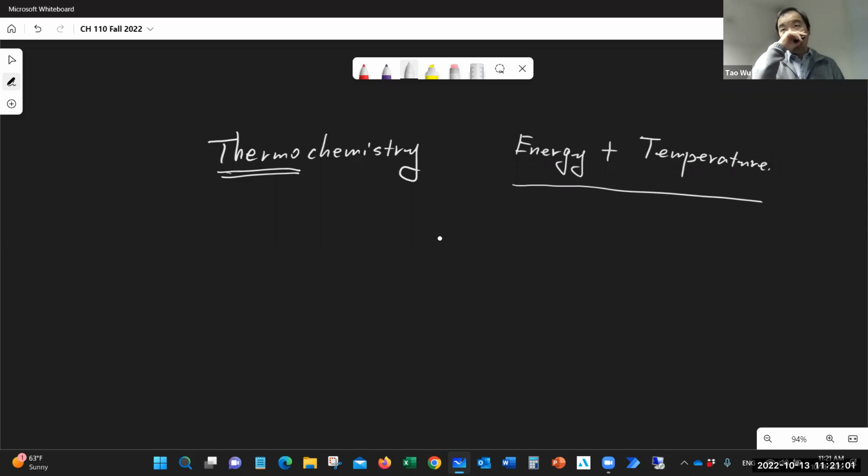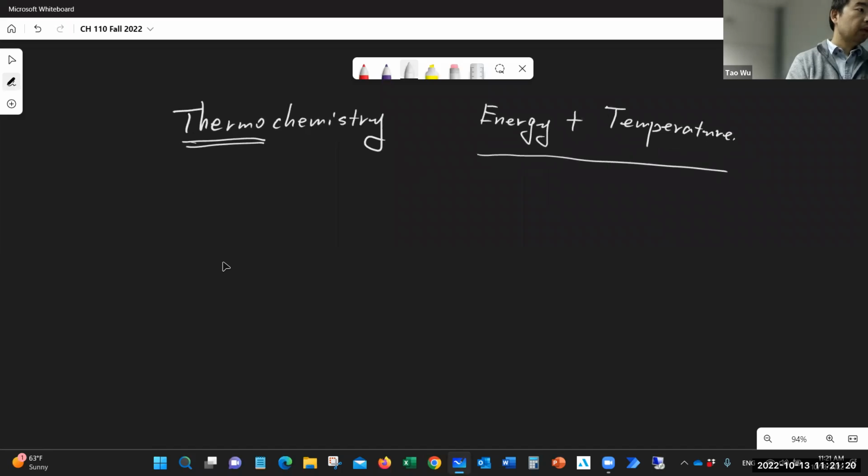Before we talk about the real application, we need to talk about some of the concepts. Those are the concepts we have to understand before we do any of the applications. First, let's talk about some of the concepts. The first one is called the system.